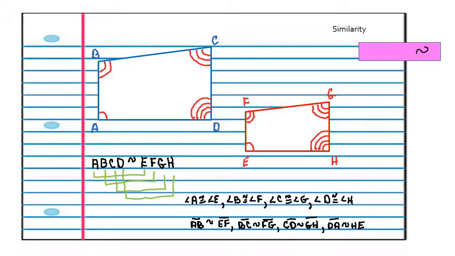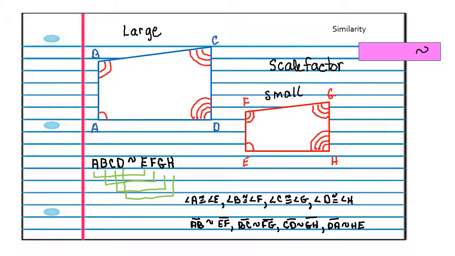But what happens with similarity is that there is this scale factor happening here, that all the angles stay the same, but what has happened is you either have a large or a small figure. I'm going to say that this started with a large figure, and then it reduced itself into a smaller figure, but it did it proportionately. That means every side had an equal scale factor between them.